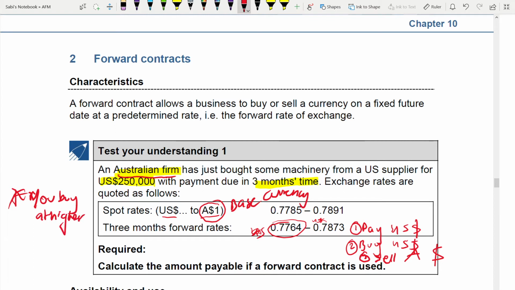Whenever you have this problem, first see what is your base currency, because you can buy and sell only in your base currency. That's why rather than buying US dollar, you are selling Australian dollar. Then only you will buy the US dollar. That's why we have picked 0.7764 for the lower one. So you sell at the lower rate.